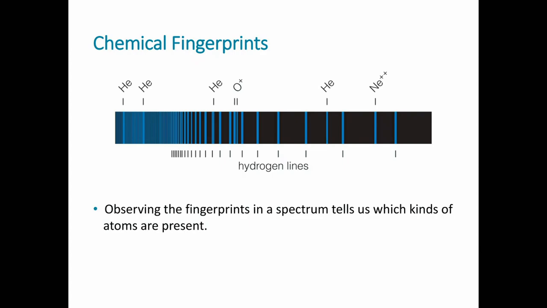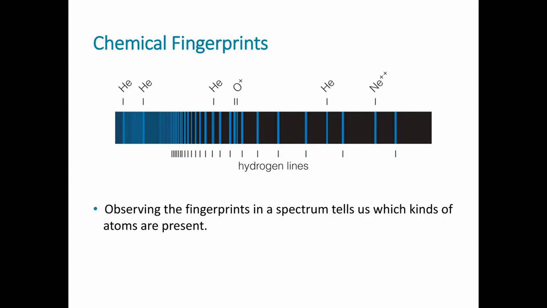If I look at oxygen, it has 8 protons and 8 electrons. If I lose one of those electrons, then I can be positively charged, so that would be the O+, or I can gain an extra electron, and then I would be negatively charged. If the atom is positively or negatively charged, then its spectrum will also change.